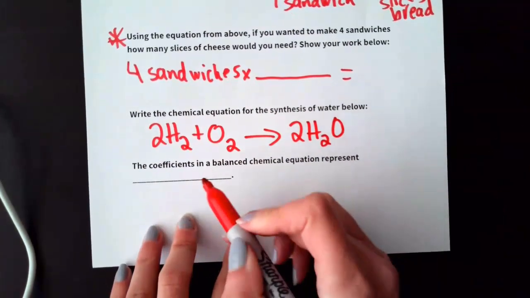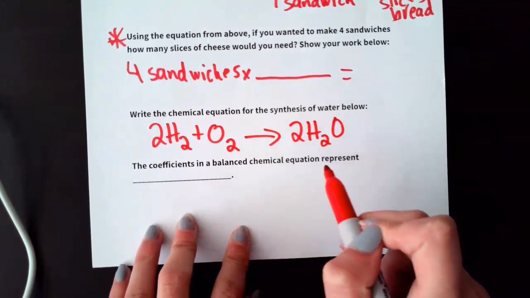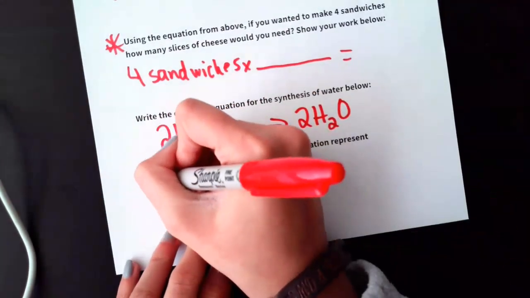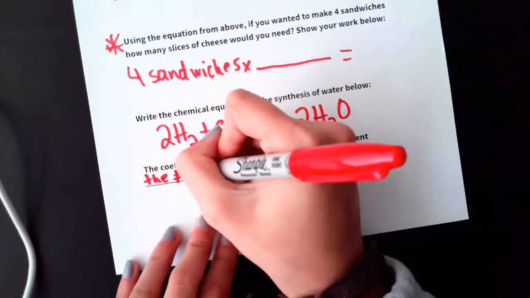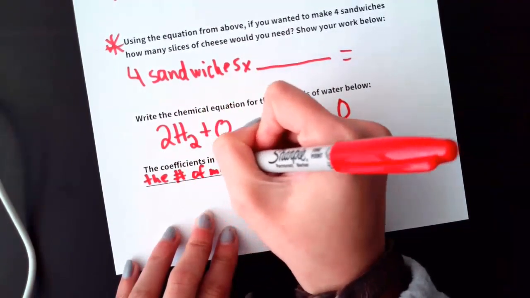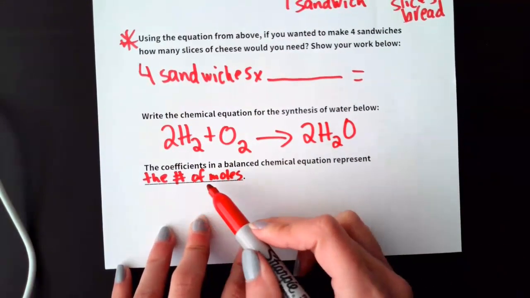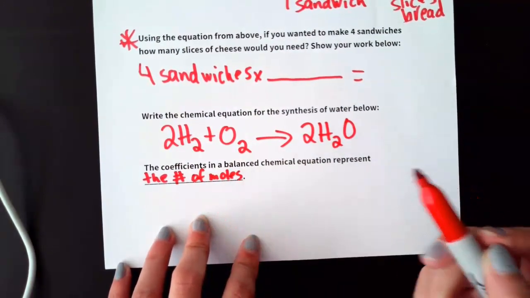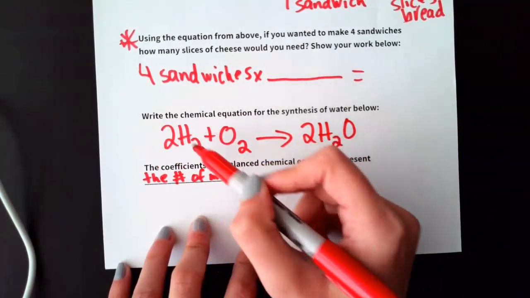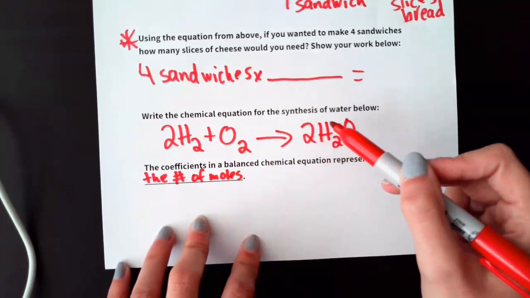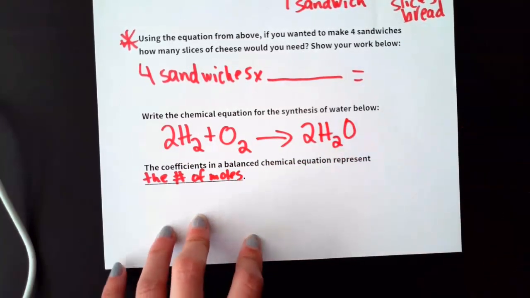And then the coefficients in a balanced chemical equation represent the number of moles. Okay, so that's number of moles. So for example here we have 2 moles of H2, 1 mole of O2, and 2 moles of H2O.